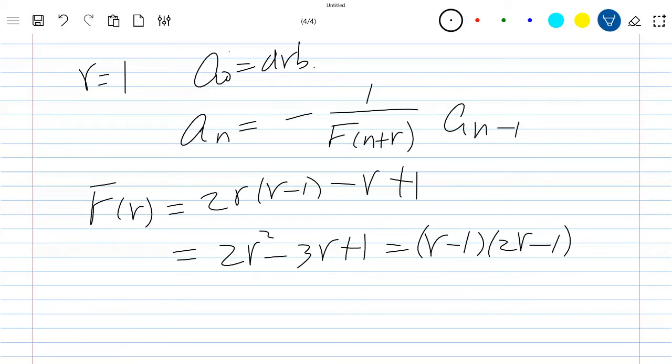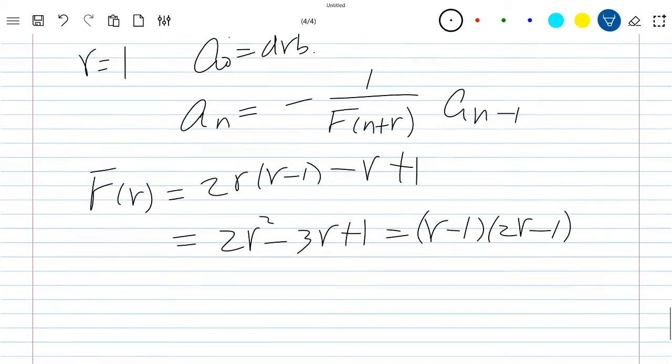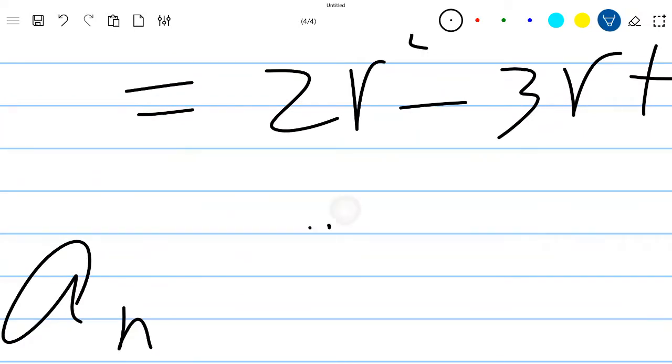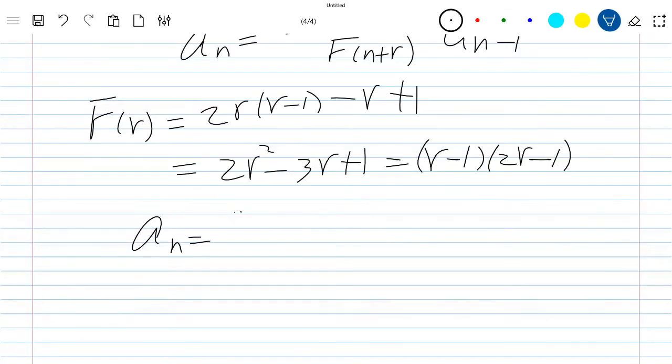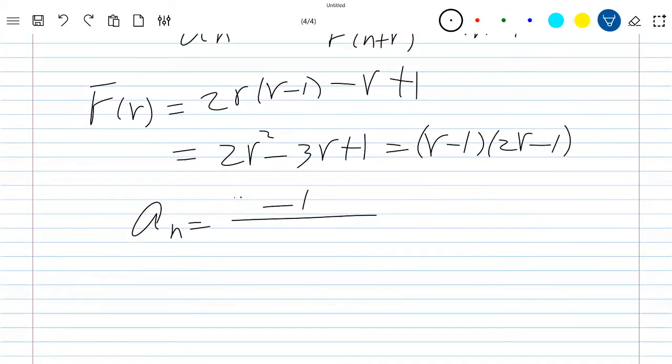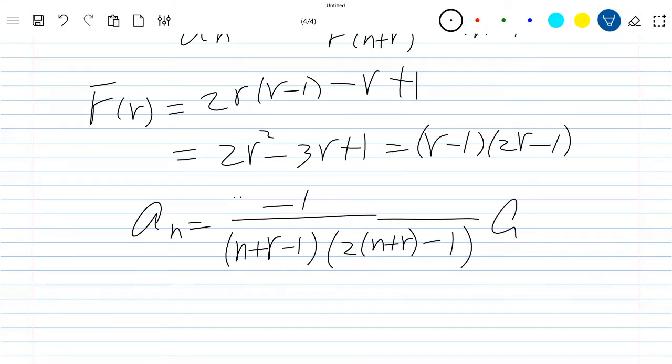Well, we did that before, but now it's going to be applied to a more general argument. You replace r by n plus r. So you have n plus r minus 1 and 2 times n plus r minus 1, an minus 1.